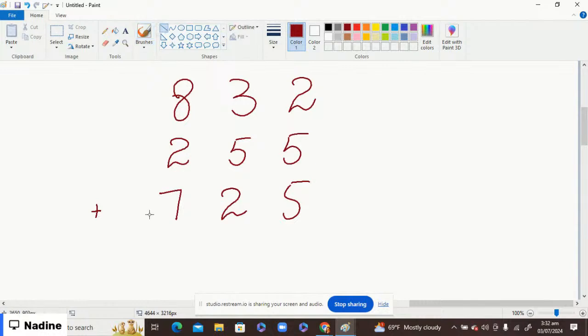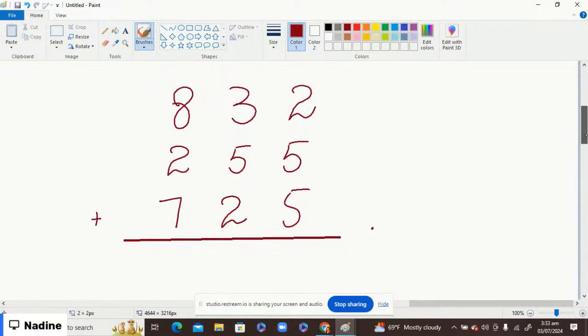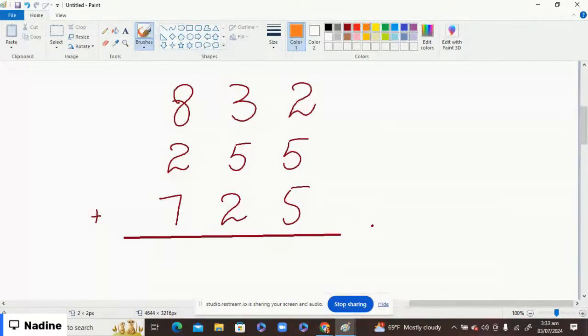Now let's add it together. For this one, first of all, we're going to start from our right side. You're not going to start with the middle or the left side. Always start from your right side. So let's add 2 plus 5 plus 5, firstly in this line.